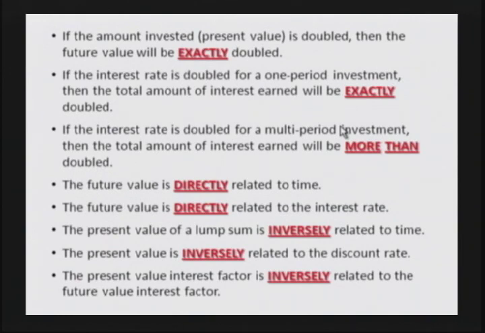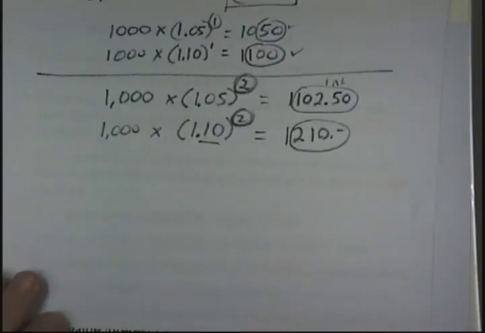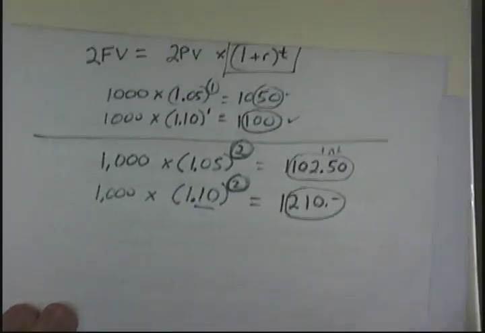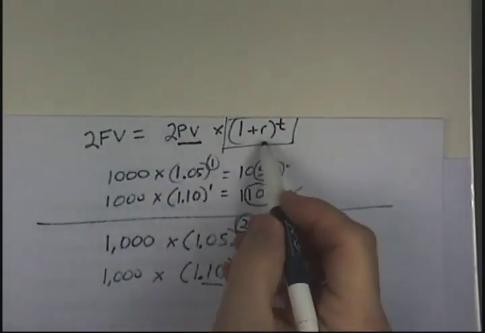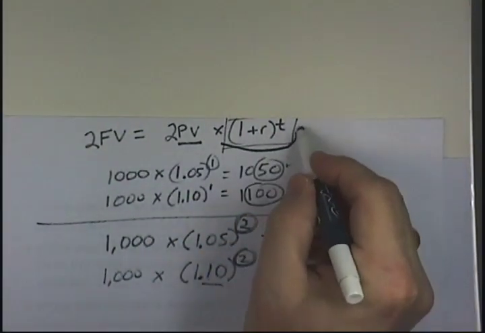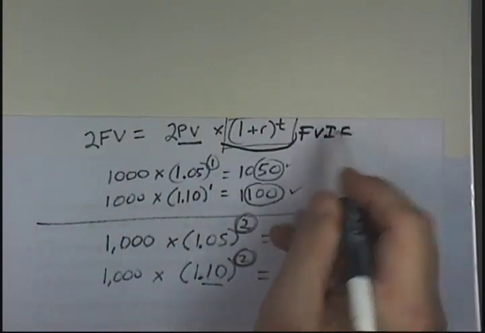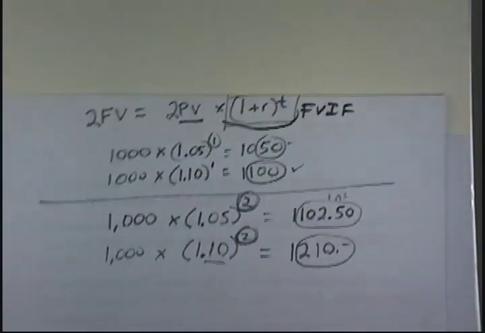The present value interest factor is inversely related to the future value interest factor. That is true. They are exactly inverses of one another. When you calculate that future value, we took our present value and multiplied by this future value interest factor, 1 plus r to the t power.